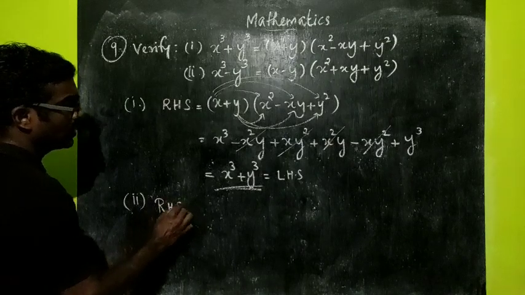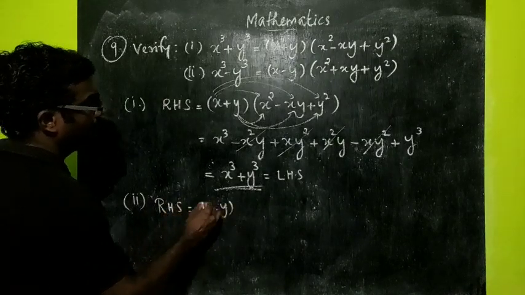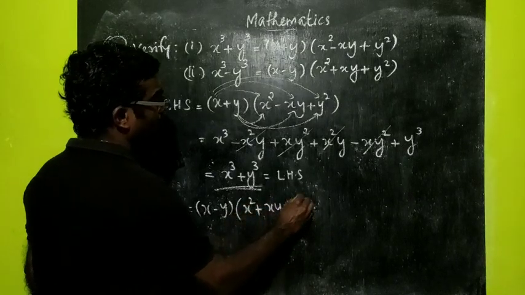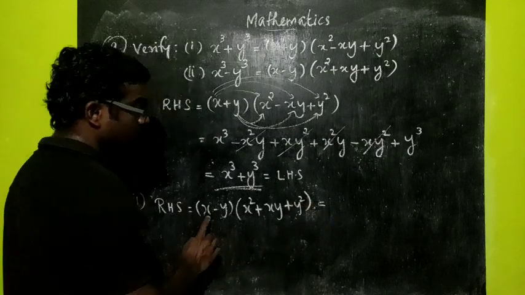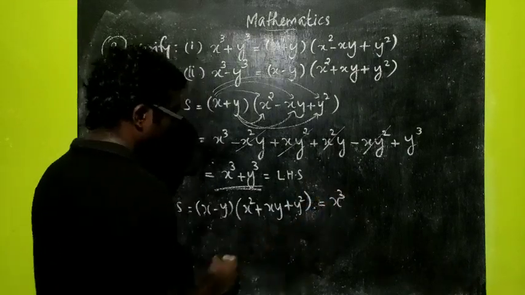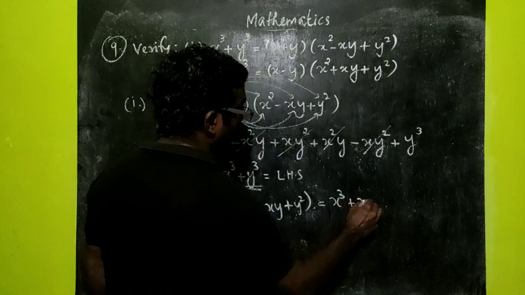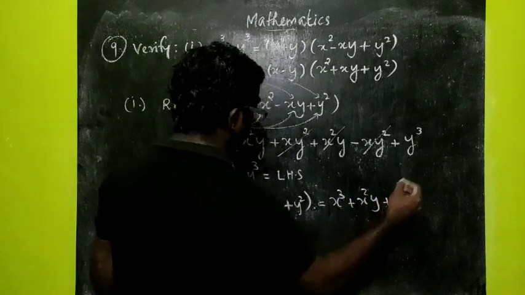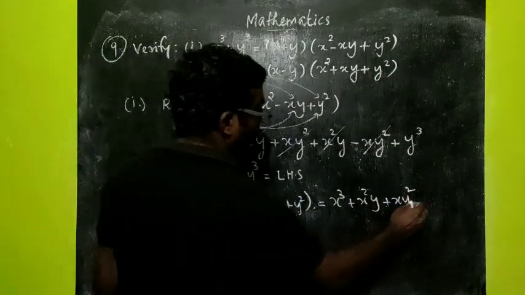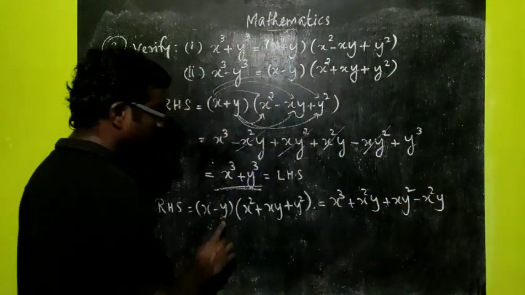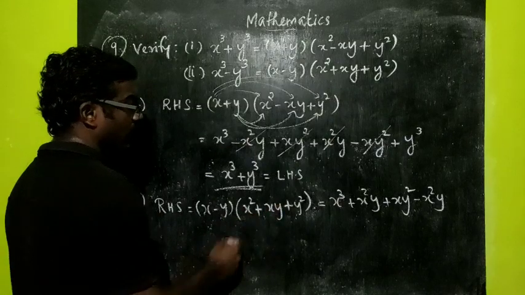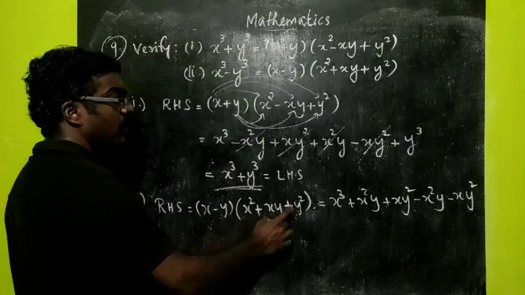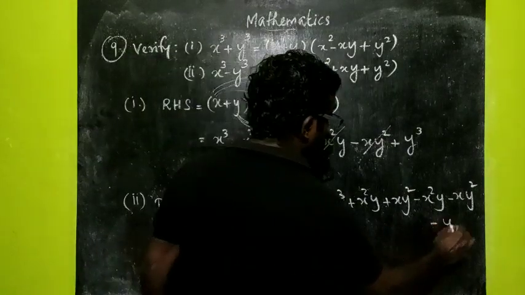Here also we can take the RHS part, x minus y into x square plus xy plus y square. We can multiply x into x square, x cube, x into xy, x square y, x into y square, xy square, minus y into x square, minus x square y, minus y into xy, minus xy square, minus y into y square, minus y cube.